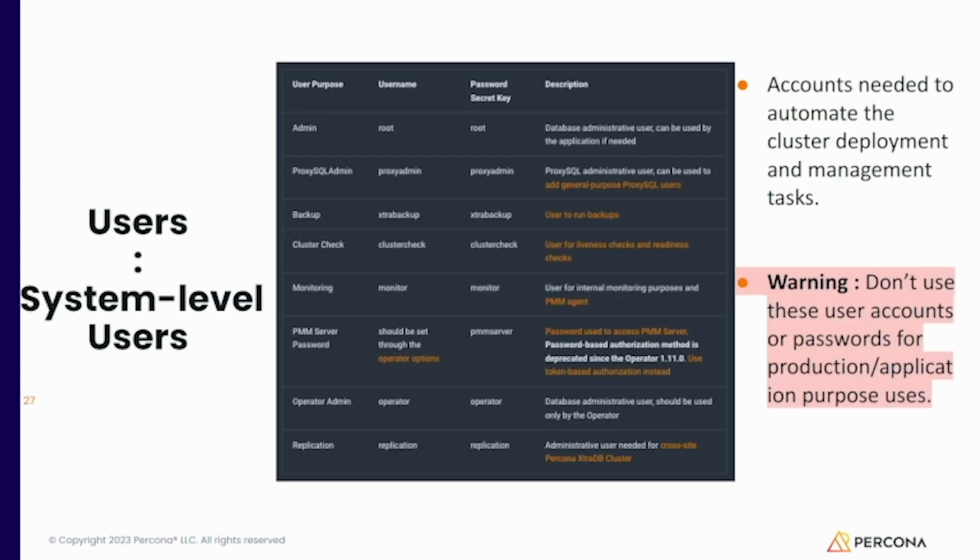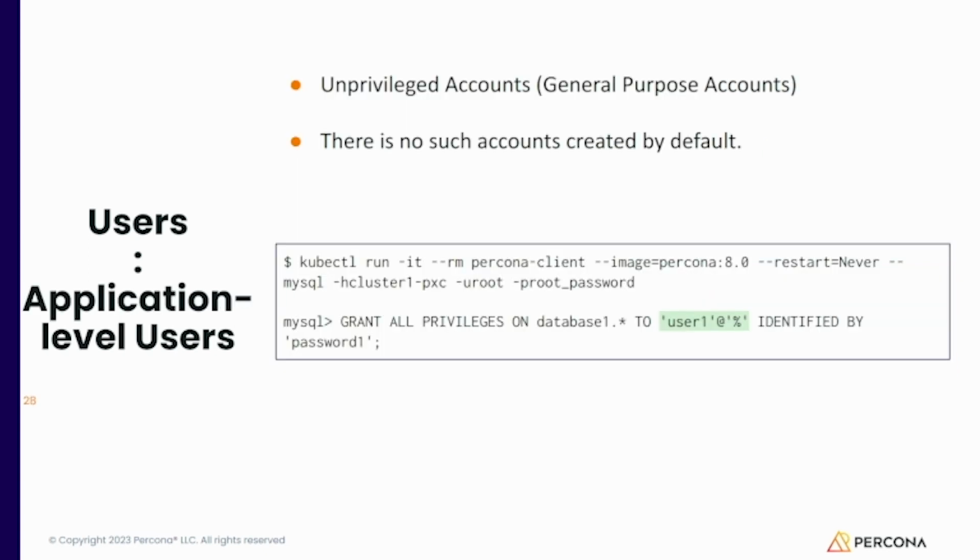For system level users, there is a list of users that are created by default: administrator, monitoring, PMM, replication. Each will have a default password. They are known, public and unsafe. So it's strongly suggested to change the defaults, especially if you set this up on production.